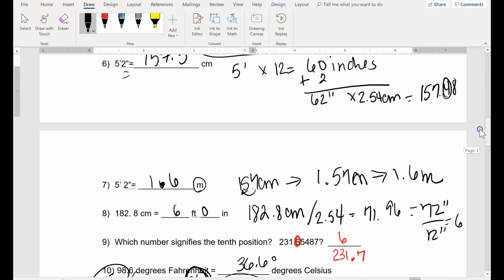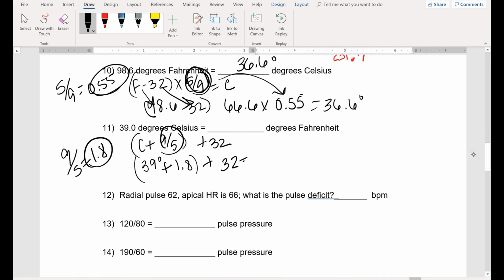Yes. Oh, this is times. Sorry, not plus, times. Okay, so we have 39 times 1.8 equals 70.02 plus 32 equals 102.2. 102.2 degrees Fahrenheit. Okay, everybody good how we got there?